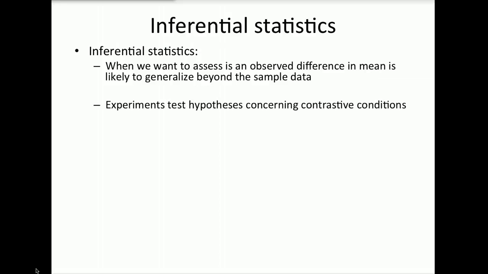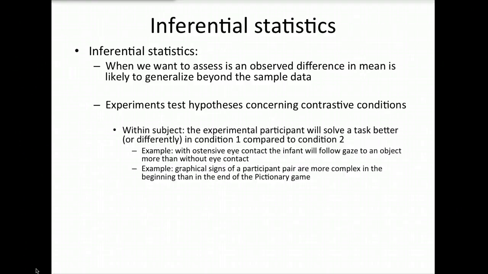Often we use experiments to test hypotheses concerning contrastive conditions. That is, rather than just collecting data from one particular task, often what we do in experiments is that we compare task performance in, let's say, two slightly different conditions to isolate the effect of that given condition.